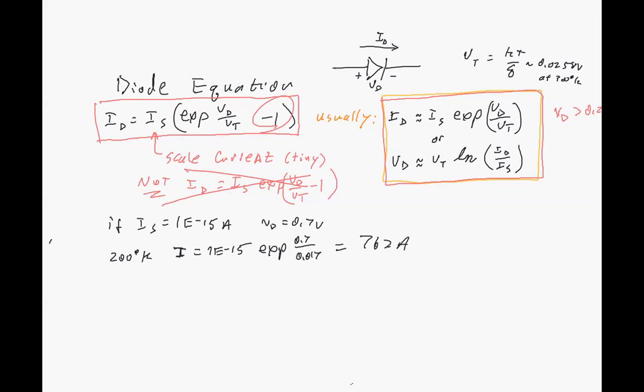Now if we changed to 500 degrees K, so that's 300 degrees warmer, like 150 degrees C or something like that, then we have I equal to 1e to the minus 15 times e to the 0.7 over VT.